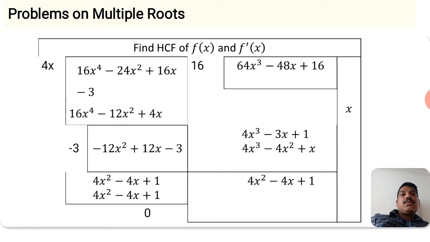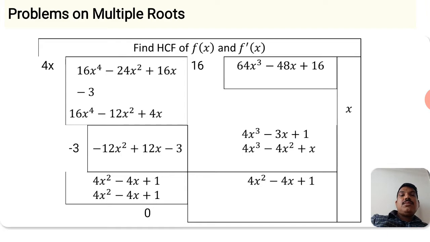Then 16x minus 4x, nothing but plus 12x. Then minus 3 as it is.